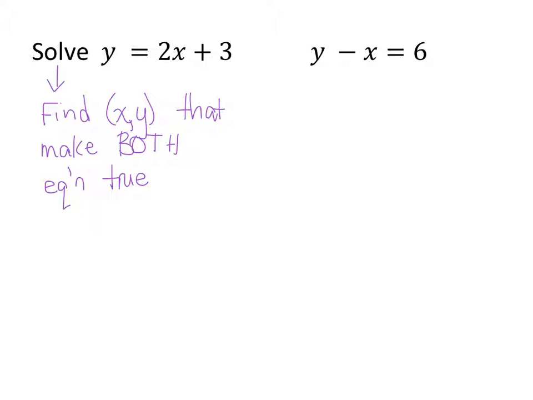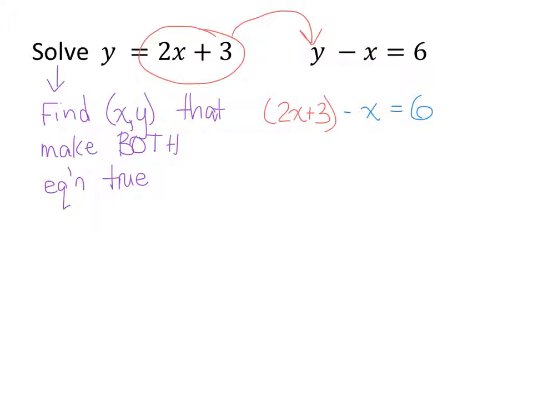Our first step for solving by substitution involves rearranging or isolating to get one variable all by itself. Conveniently, this y is already all by itself, so we've been saved some work. We're going to take the expression that y is equal to and substitute this into the other equation.